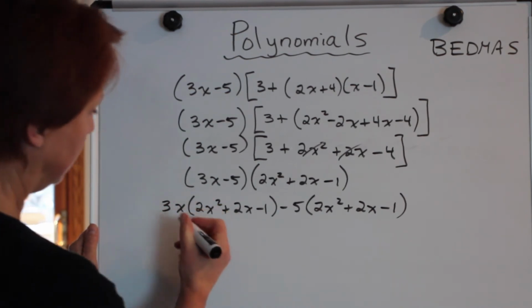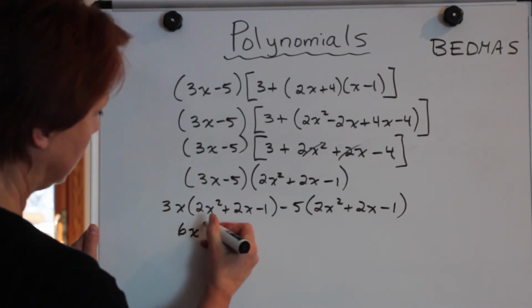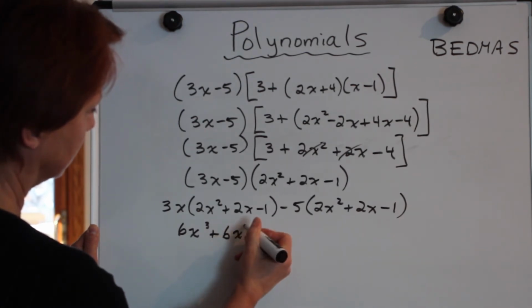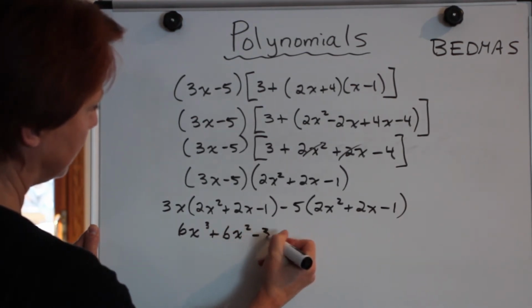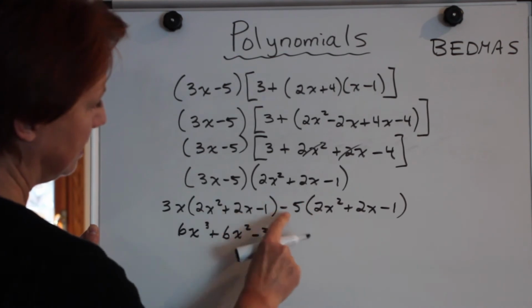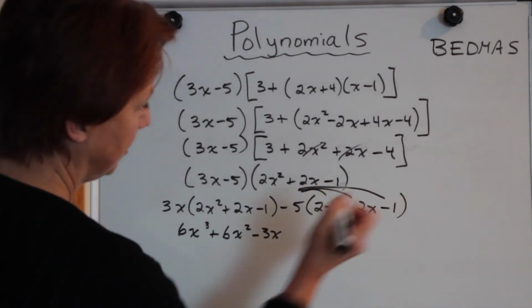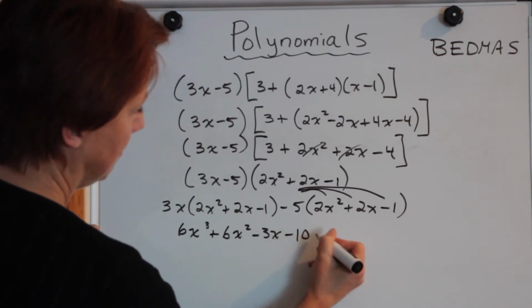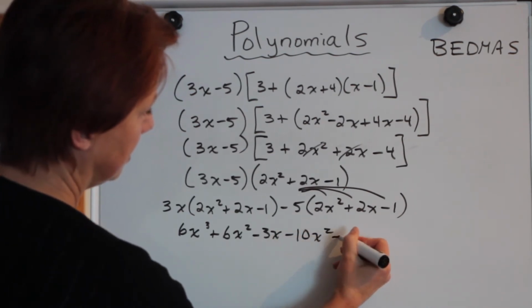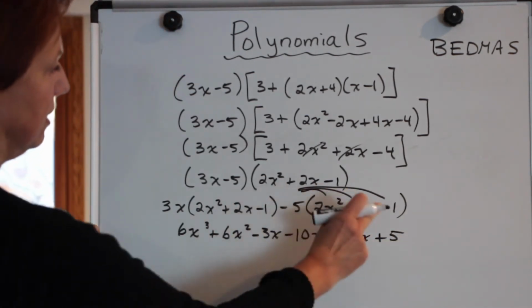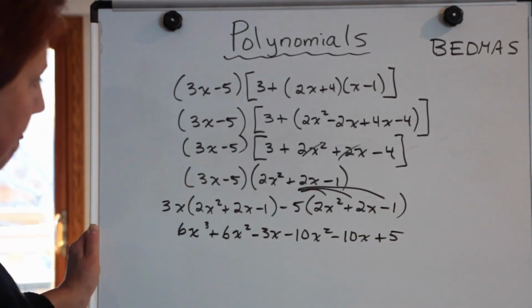So now we're distributing. We get 6x cubed plus 6x squared minus 3x. And then this negative 5 gets multiplied by all three of those terms, minus 10x squared minus 10x and plus 5, because a negative times a negative is positive.